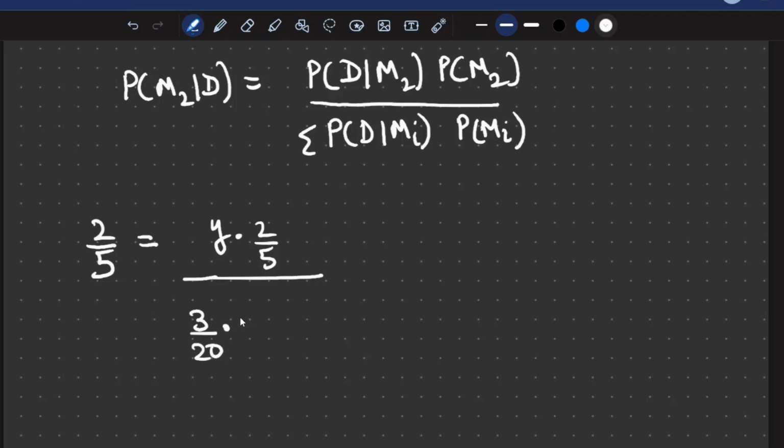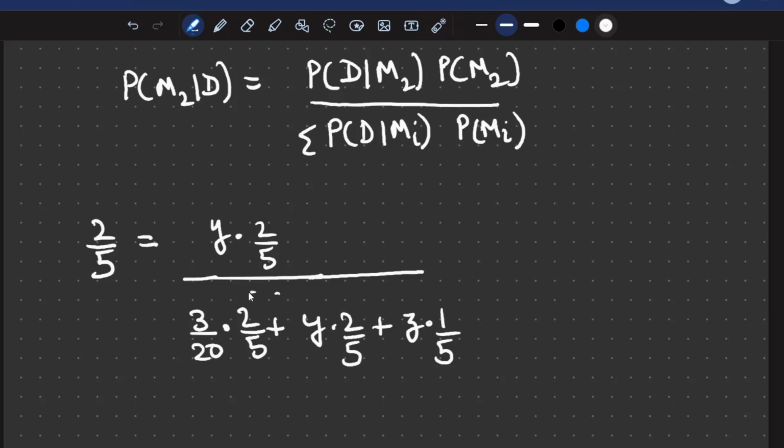So what is the probability of M1 now? 2 by 5, right? Yes. Plus probability of defective given M2 into probability of M2, which we wrote just now, plus probability of defective given M3 into probability of M3, which is 1 by 5. Okay. So from here we get one relation between Y and Z.